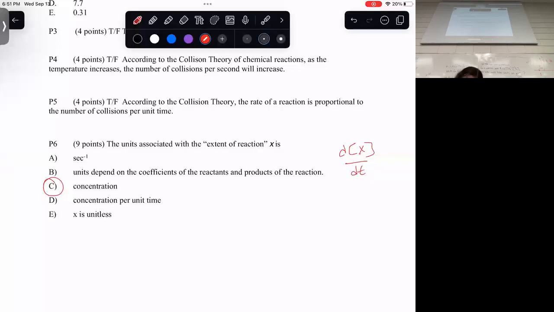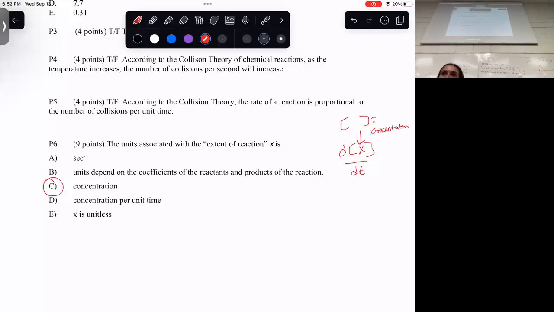Yes, it's asking for x here. What do the brackets mean? Concentration. So anytime you're in these brackets, this is concentration. Is it because it's a concentration over time thing? Yes. So this is where that concentration over time comes in, but just the units associated with the extent of the reaction, x, not dx over dt, but just that x is the concentration.